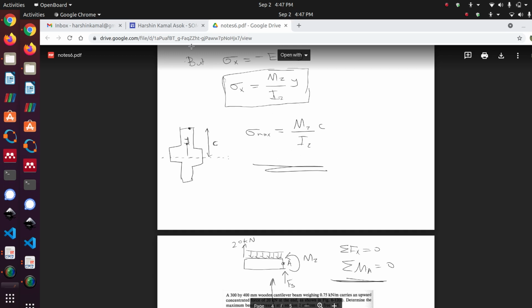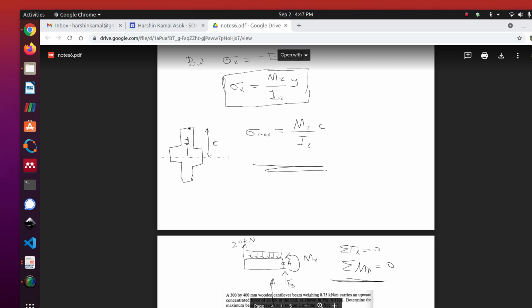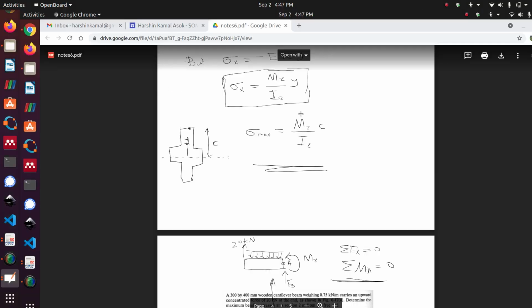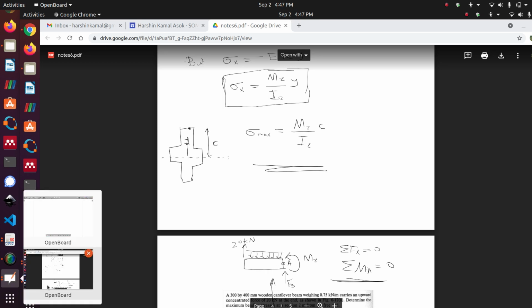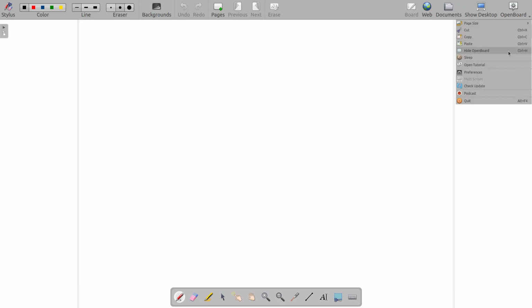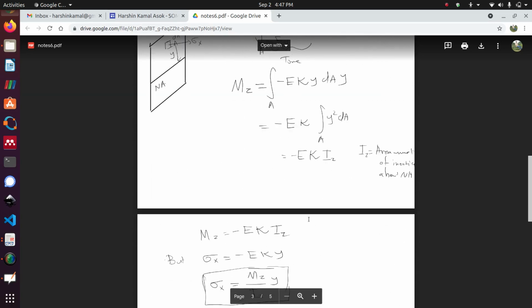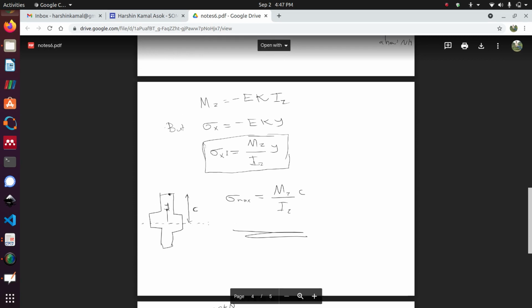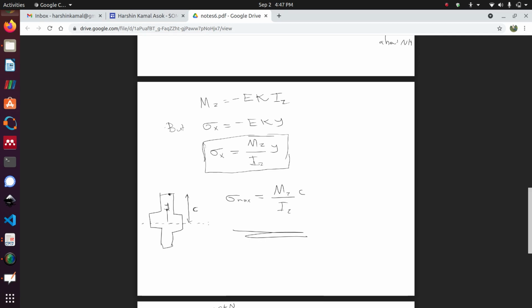So if you see here, from here we have found out that the value of bending stress at a distance y from the neutral axis will be M divided by I into y.